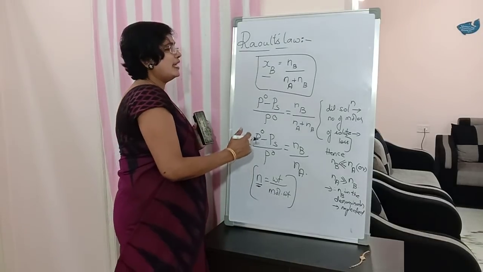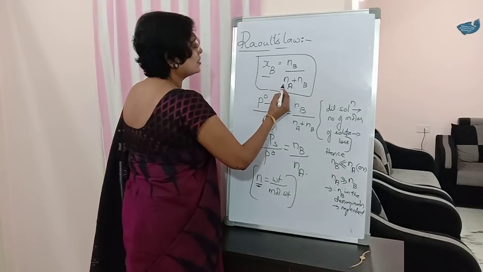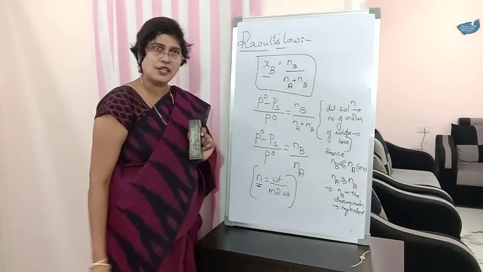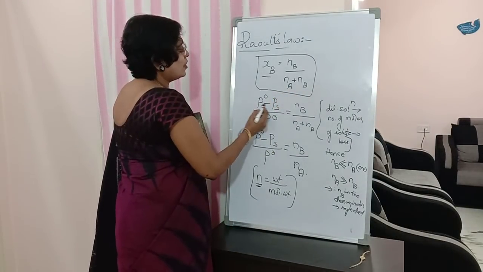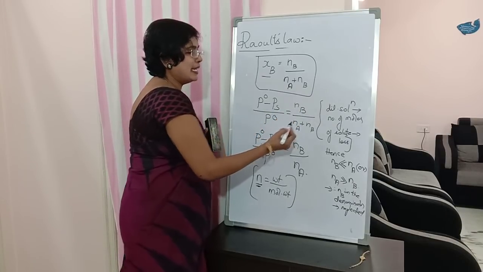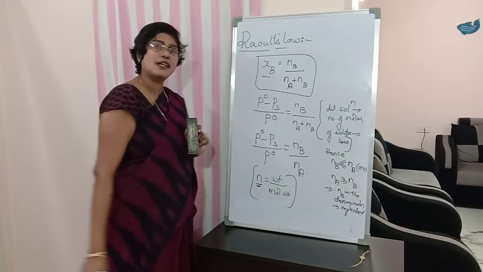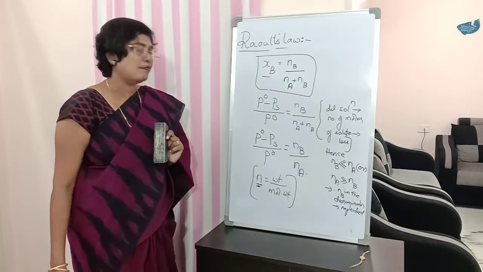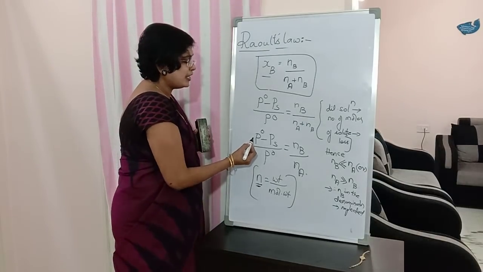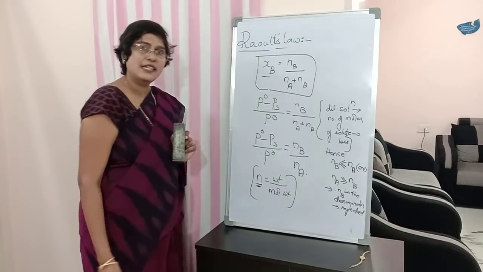Fine. So again, students, XB is number of moles of solute by number of moles of solvent plus number of moles of solute. Therefore, P0 minus Ps by P0 is equal to Nb by Na plus Nb. What is this quantity called as, students? This is called as relative lowering of vapor pressure. But P0 minus Ps by P0 is equal to Nb by Na.